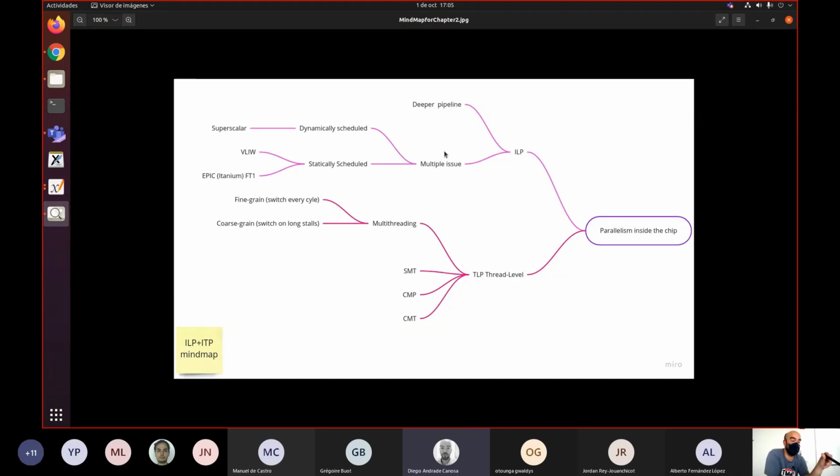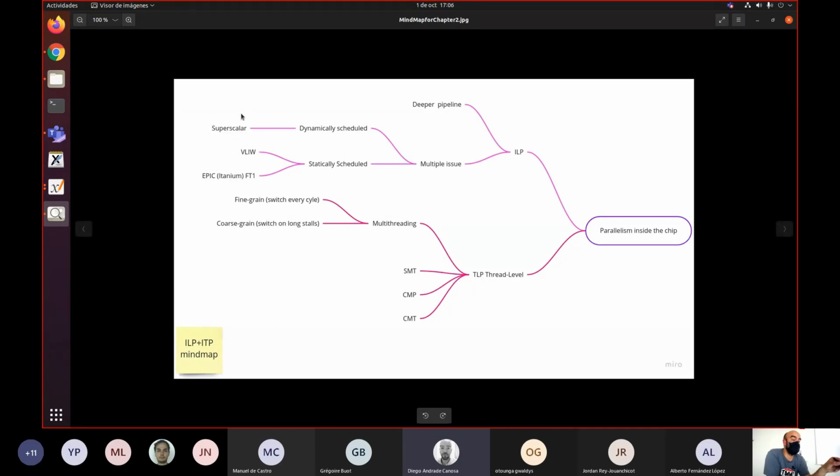And this is the case of very long instruction word processors, and the EPIC architecture, that is the one on which the Itanium of the Finisterrae 1 version was based. And when scheduled dynamically, the creation of this package of independent instructions is up to the processor itself.